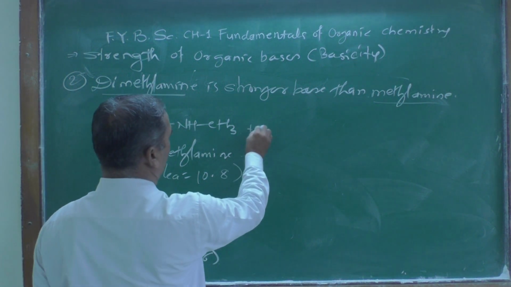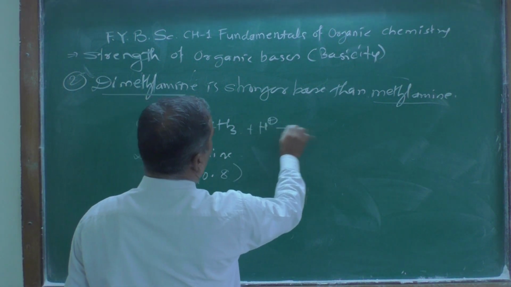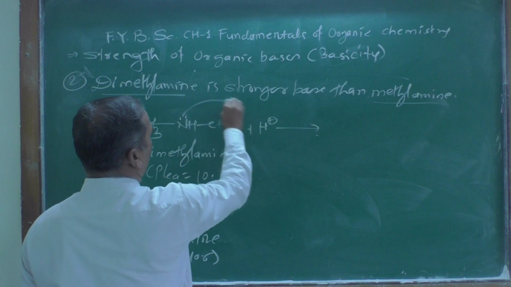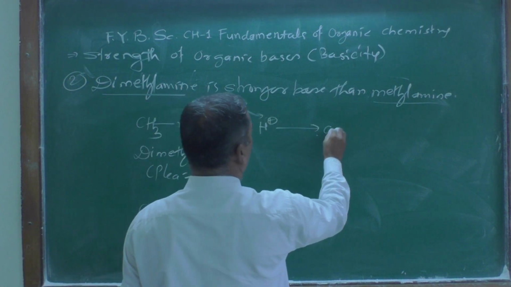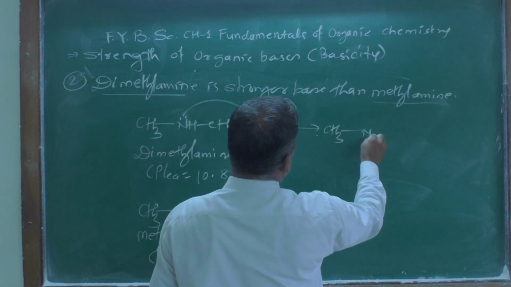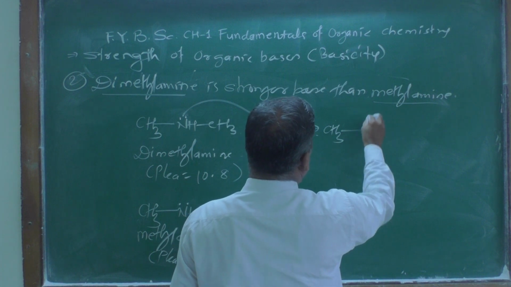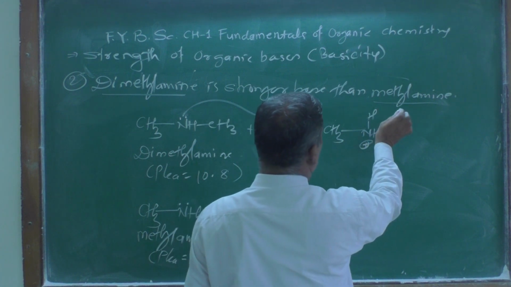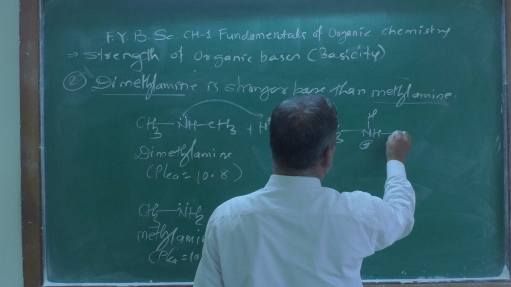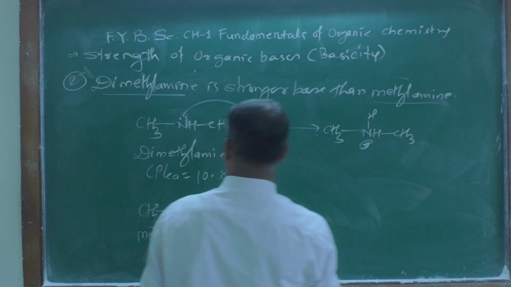Now as we know, here is H plus attacking that lone pair, and you are going to get CH3, NH, with H and a positive charge over there, then CH3.